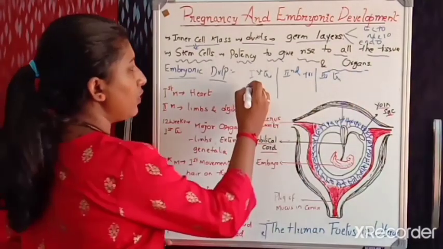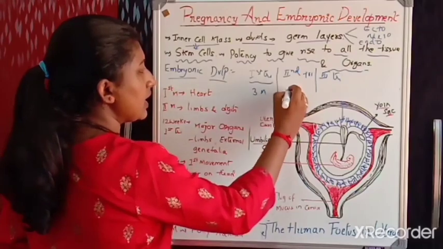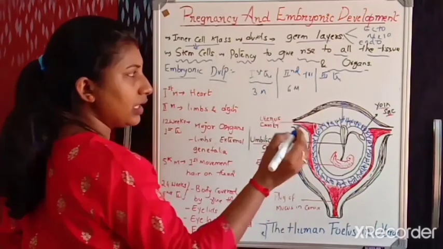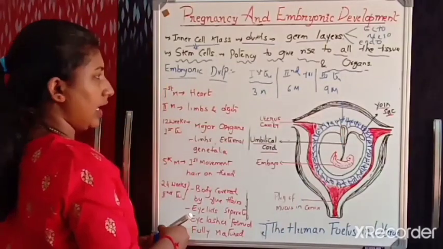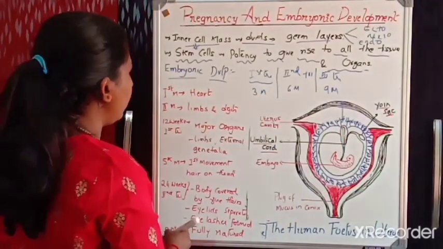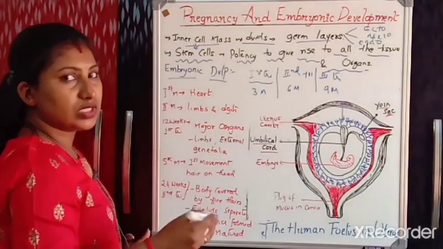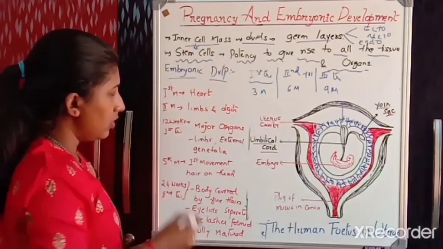Okay, so first trimester includes the first 3 months, second trimester includes till 6 months, and third trimester includes till the last 9 months. Okay, so now we'll discuss the different features taking place for the fetus in different months.